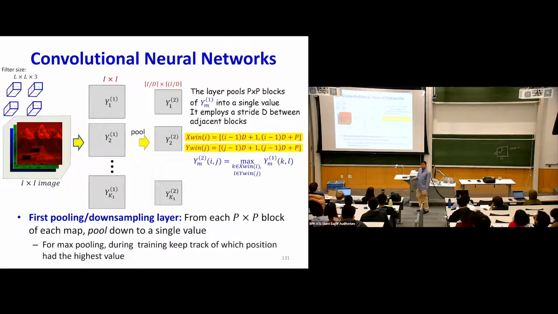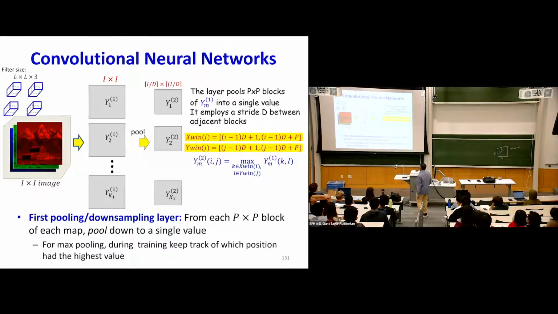Now the next thing you would do, assuming that I'm always pooling, is to subsequently have some kind of a pooling layer, which is maybe striding with some stride D. Again, this is actually pooling with stride 1 followed by downsampling, so that's why I'm using D for downsample. That results in a collection of smaller maps, one per activation map from the previous layer.